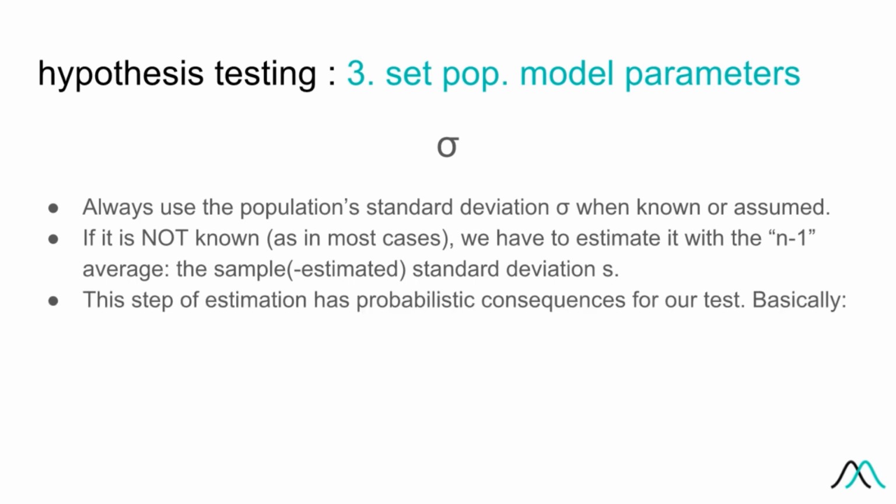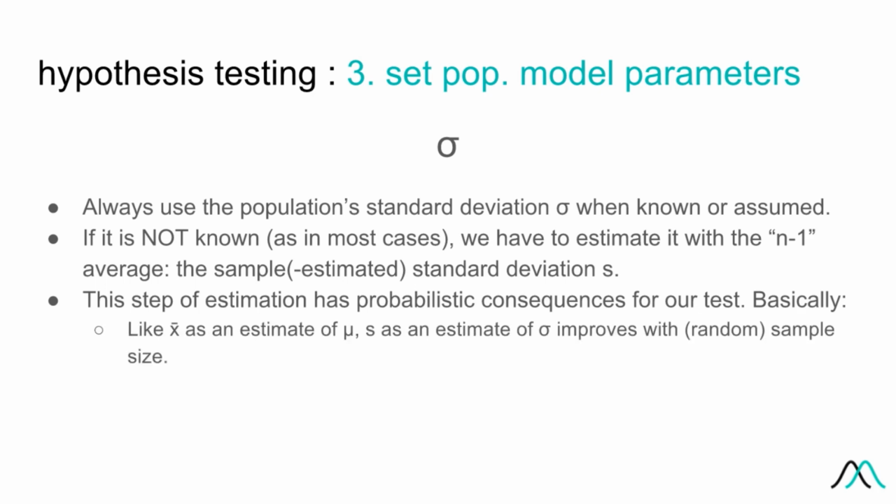However, this step of estimation of standard deviation introduces a wrinkle into our parametric test that we need to address. So basically, like x bar, the sample's mean, as an estimate of the true mean, s as an estimate of sigma also improves as sample size increases.